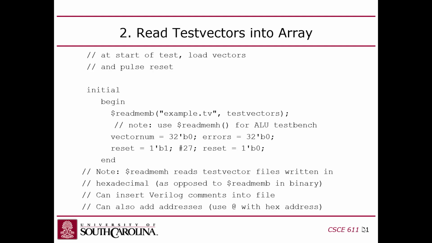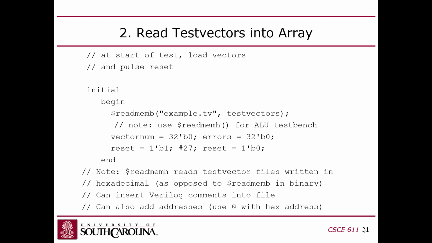And then I have an initial block where I use this function. Built-in functions in Verilog start with a $ sign. So you do $readmemb, you specify the test vector file and where you want to write that into. That will take whatever's in this test vector file, which is the one I showed you, and use that to initialize the test vector's 2D array, or RAM.